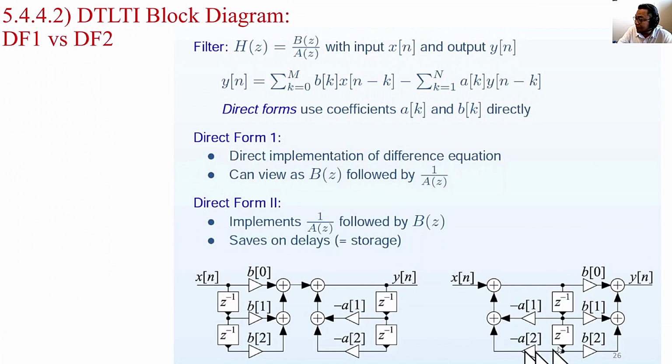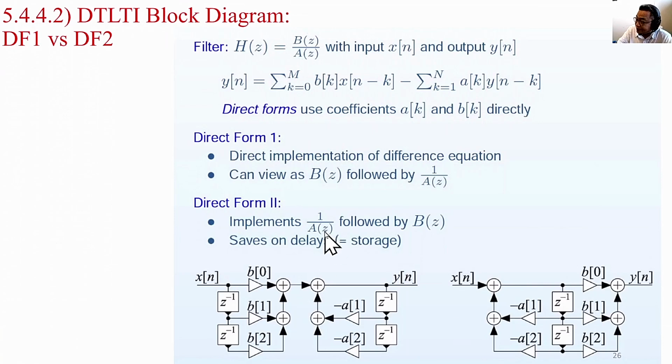This representation results in the same y[n], but you'll realize that it saves the number of delays. Here you need 4 delays, while here you only need 2. The equation getting y[n] out from this is identical to this. It is just a different ordering.